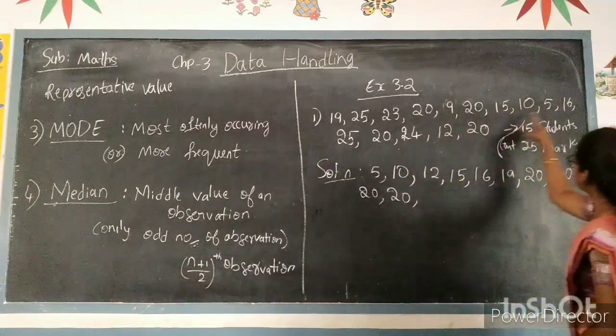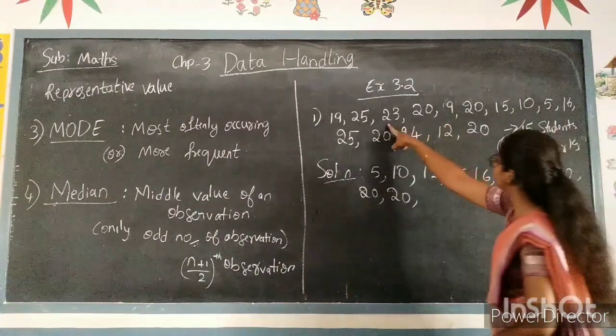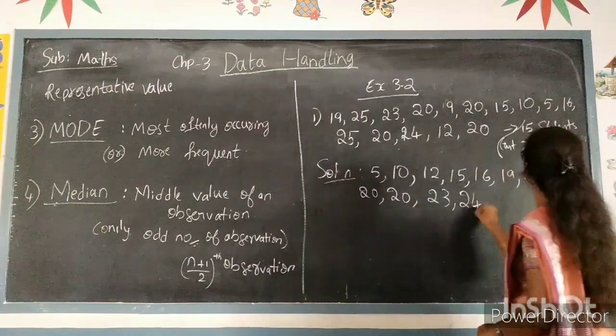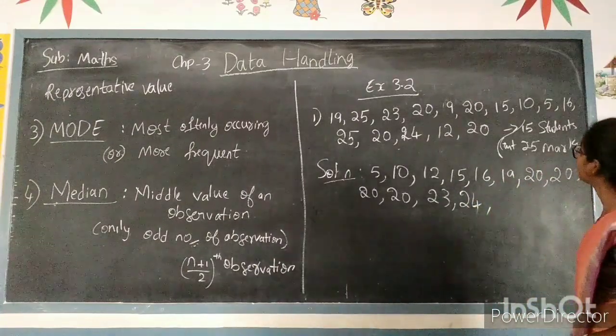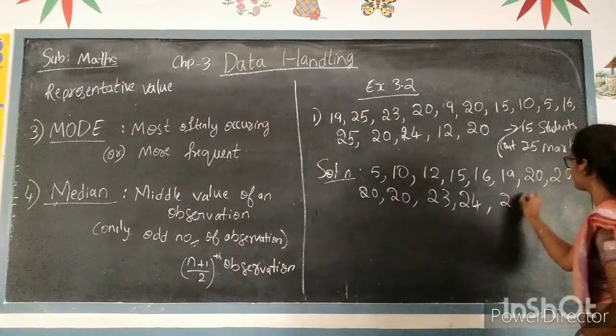After 20, 21 is not there. 22 is not there. 23 is here. 24 is there, not repeated. 25 is there, repeated twice.